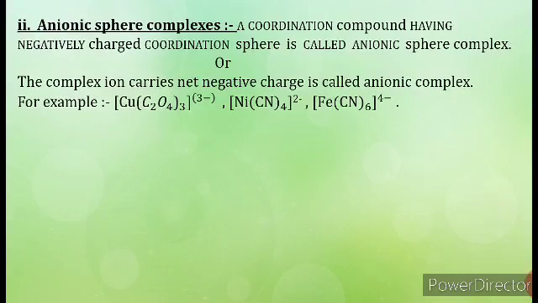For example, CuC2O4 thrice, 3 negative. Again, this is wrong, it should be cobalt. So I am correcting it over here, you should also correct it. It is trioxalato cobaltate(III) ion. Then tetracyanonickelate(II) ion, hexacyanoferrate(II) ion.